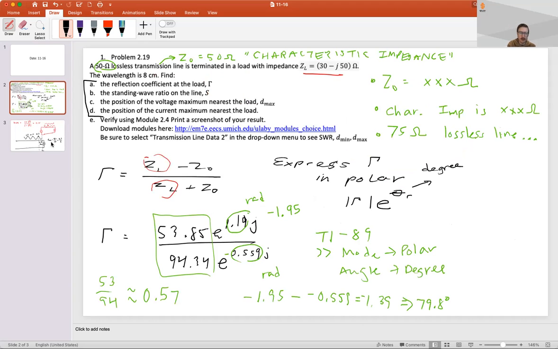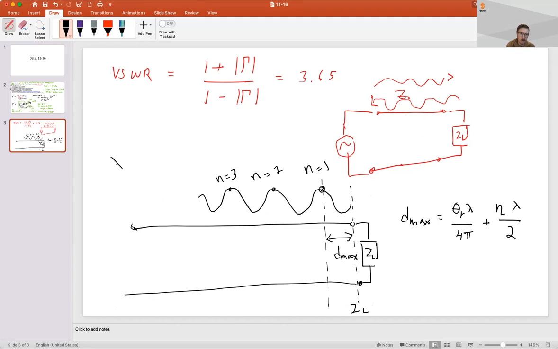And our wavelength, this is 8 centimeters.